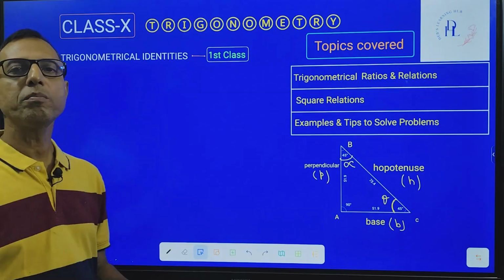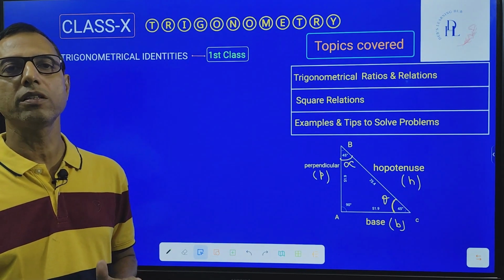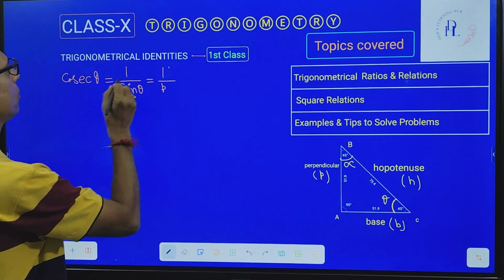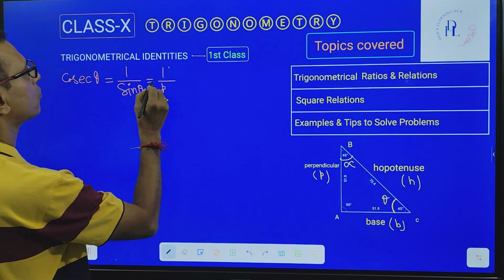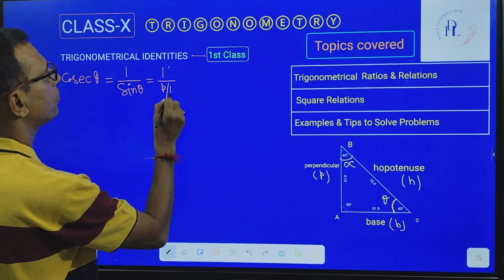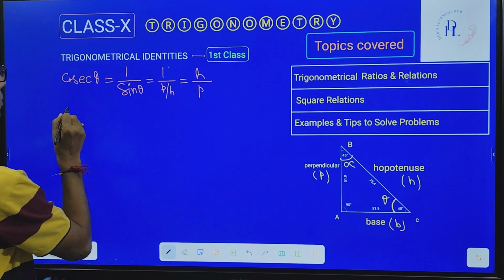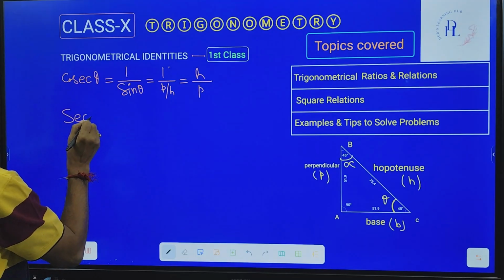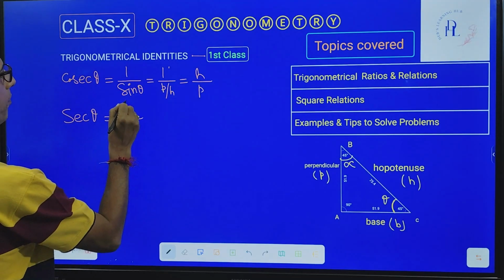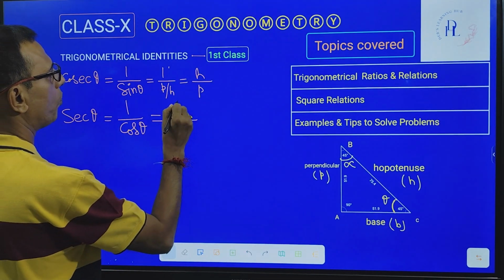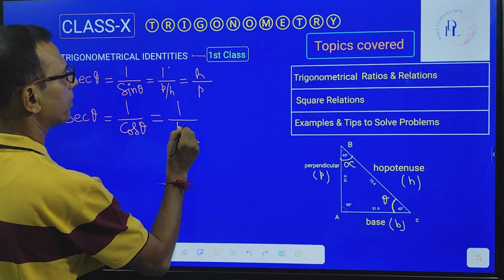Now, apart from sin theta, cos theta, tan theta, there are also cosec theta, sec theta and cot theta. Cosec theta equals 1 by sin theta, equals 1 by perpendicular by hypotenuse. That means it will be hypotenuse by perpendicular. What is sec theta? Sec theta equals 1 by cos theta, that is 1 by base by hypotenuse.